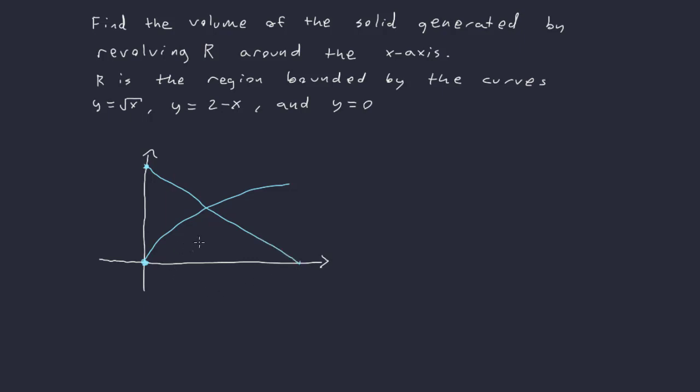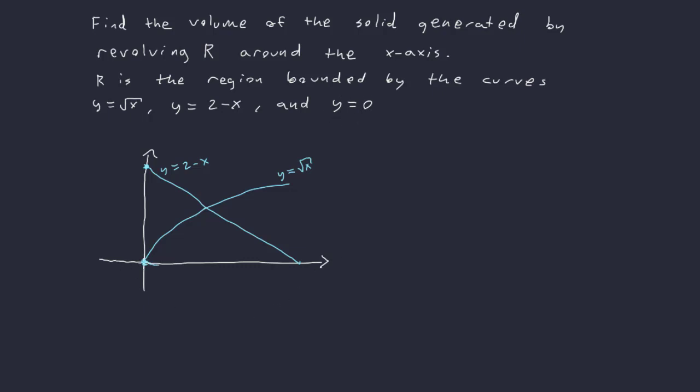Okay, so it may be confusing to figure out which one they're talking about, right? So here's y equals square root of x, and here is y equals 2 minus x. A fair question is, well, are we talking about this region in here or this region in here? How we do that is we then use this curve.